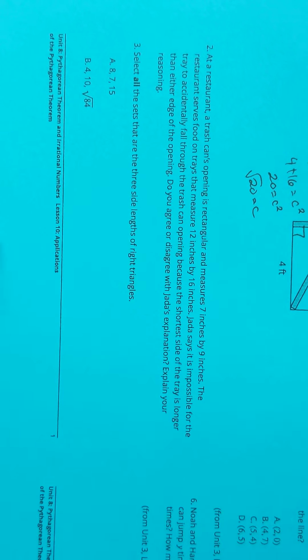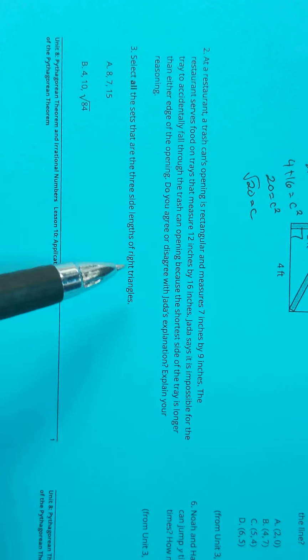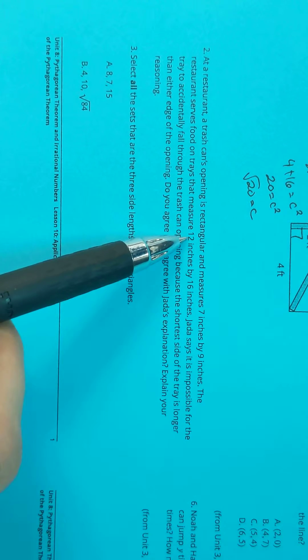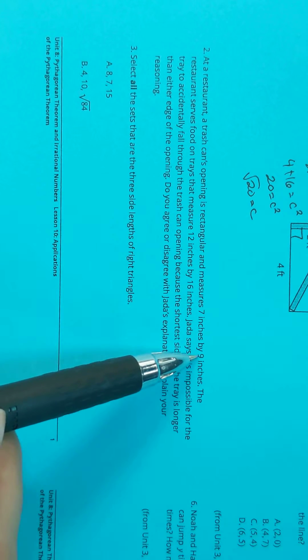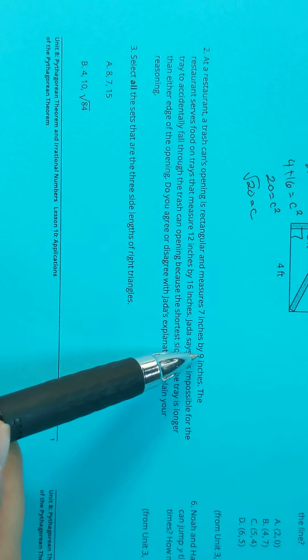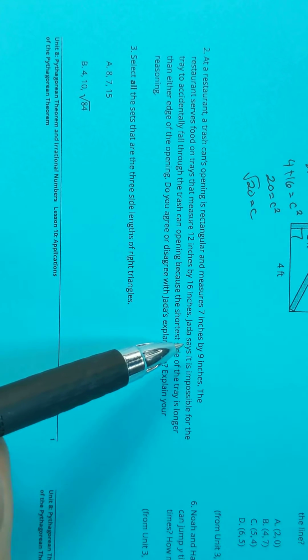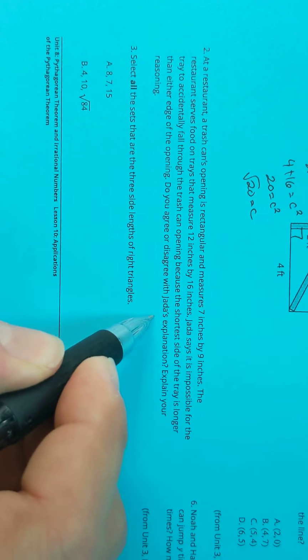Alright. At a restaurant, a trash can's opening is rectangular, measuring 7 by 9. The restaurant serves food on trays that measure 12 by 16. She says the trays can't fall through because the shortest edge, 12, is still longer than the width of the trash can. But that's not taking into account how wide the trash can is.